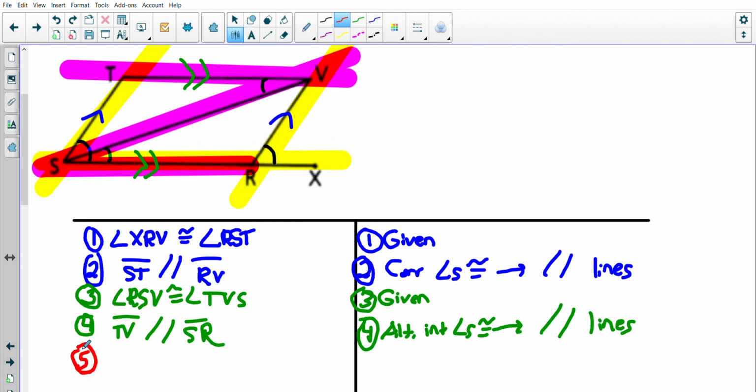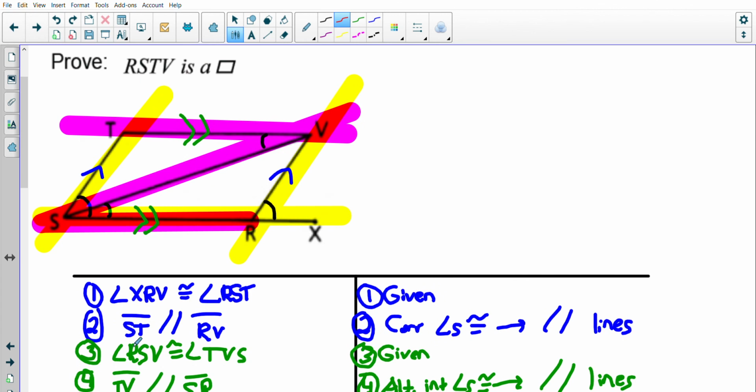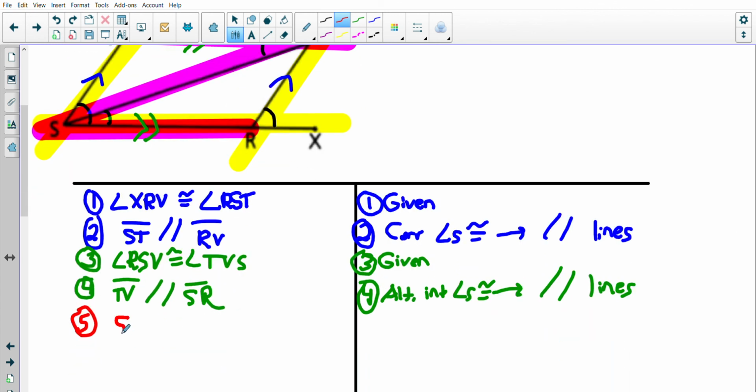Let me scroll up just a touch here and make sure I know what it is. RSTV is a parallelogram. Okay, and then the reasoning is basically one of those conditions that we wrote down, right?